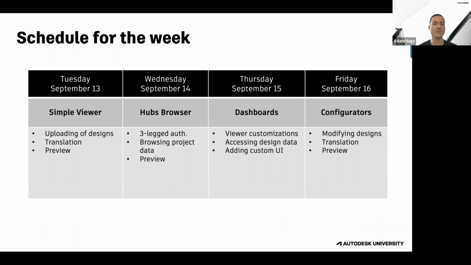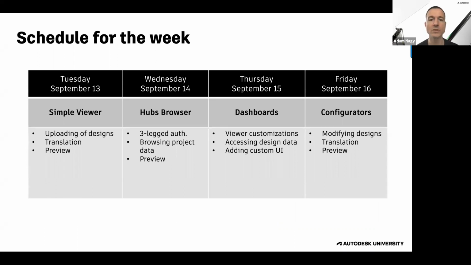So today is the first one, which is about the simple viewer. This tutorial will show you how you can upload your designs to Forge, get them translated to the viewable format, which then you can preview inside your own web page.